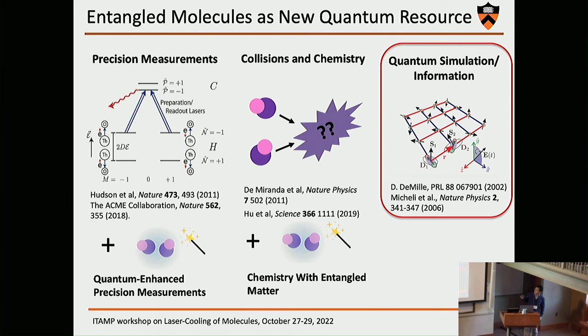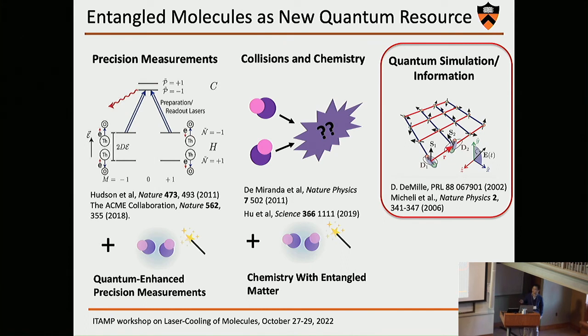I've been telling you about how to use molecules, laser-cooled molecules, to do quantum information processing and to simulate quantum spin models. Maybe we should now think of the ability to entangle molecules as offering us something new. We can think of entangled molecules as a new quantum resource.